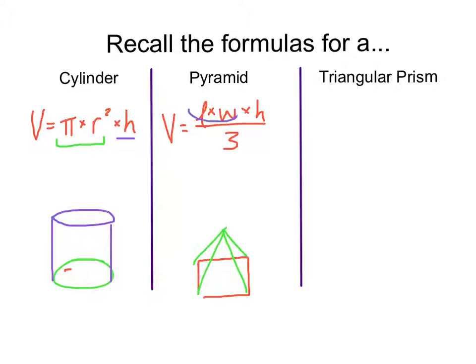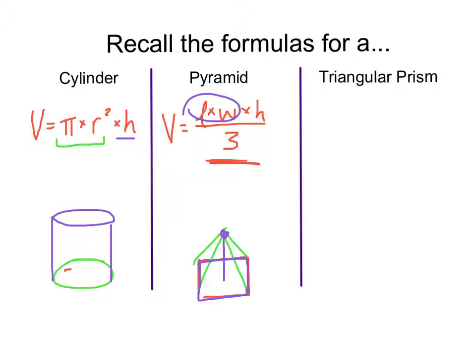The length and the width portion comes from this rectangular base. The height is from the center of our pyramid downwards to give us the height of the shape, kind of like a cube. But because it is a pyramid, it's only a third of that volume, of the length times width times height, or the third of the cube's volume. So we have to divide it by 3.